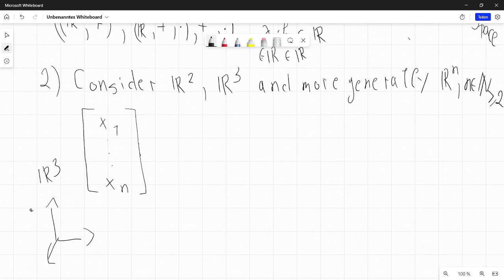In R3, each point is just the position vector of this point, if we take its coordinates: its z coordinate, its y coordinate, its, I don't know, x coordinate, right? So that's x, it's y, it's z.